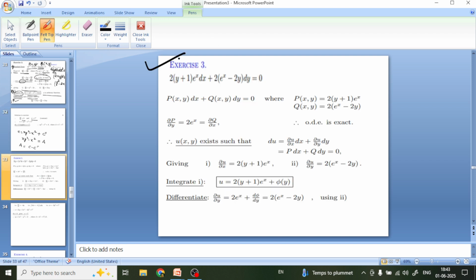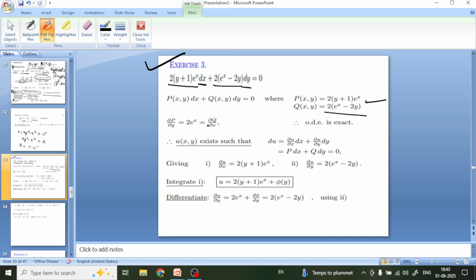Now the third question, you have given (2y plus 1) e raised to power x. This will be equal to p(x, y). Before dx, the value that is written should be taken as p(x, y). Before dy, the value that is written should be taken as q(x, y).